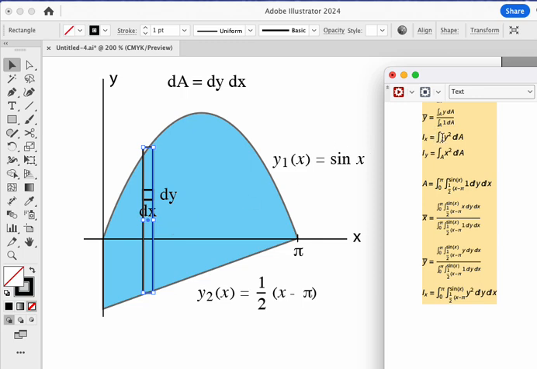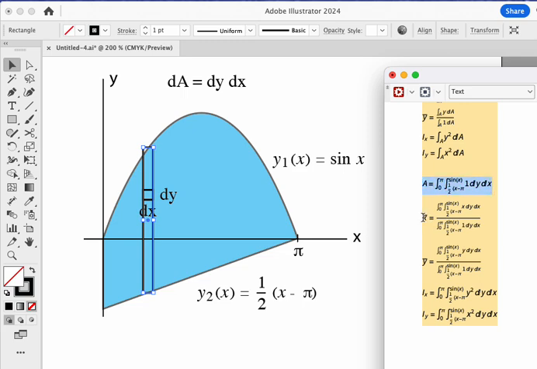See, this Ix is y squared dA. And the last one is this Iy thing. The only difference there is Iy is the integral of x squared dA. And there we are. I've set up everything.